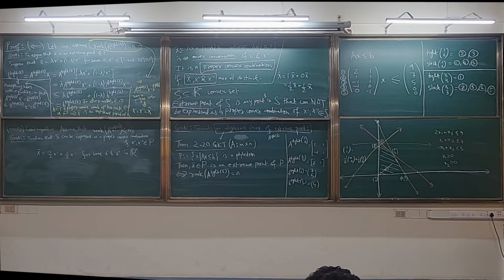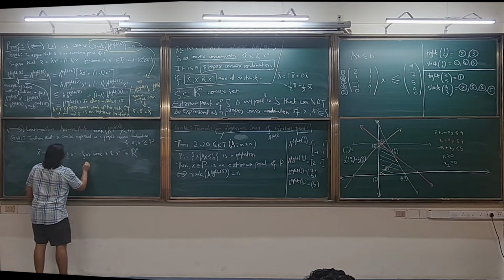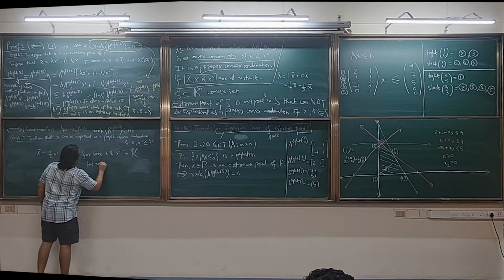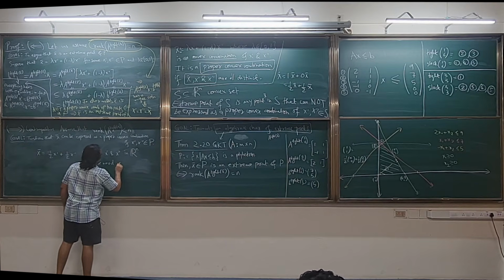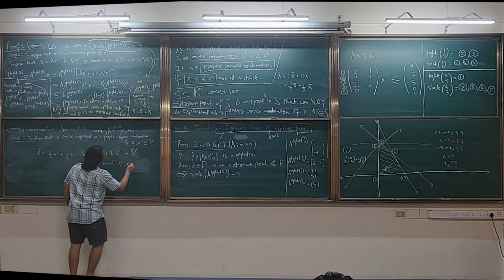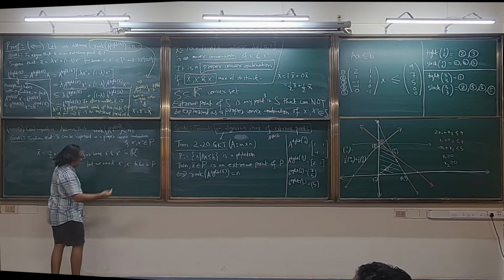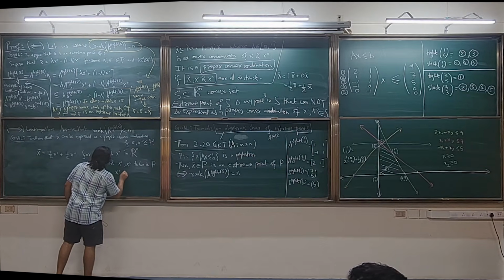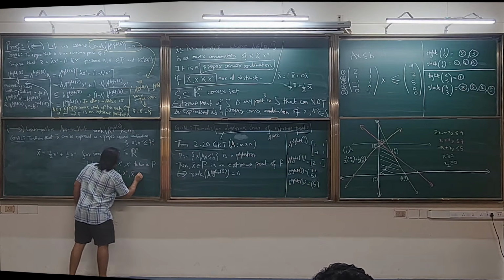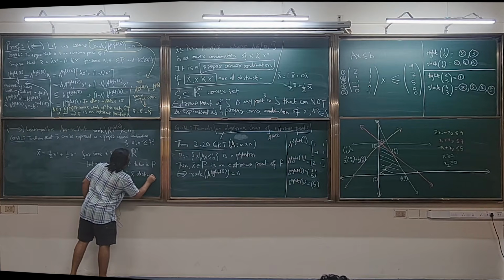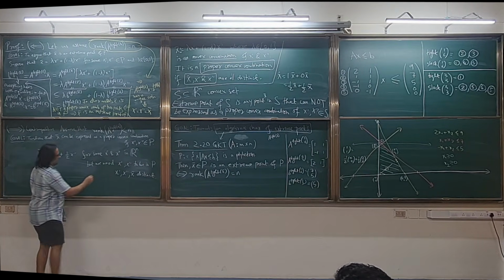For any point in R^n, I can draw a line segment around it, and I can write it as half times this point plus half times this point. That's not a problem. The problem is that the two points have to be in the polyhedron. This is the hard part. This is not difficult, but we need x prime and x double prime to be in the polyhedron. And we also need x prime, x double prime, and x bar all distinct. We need these things.